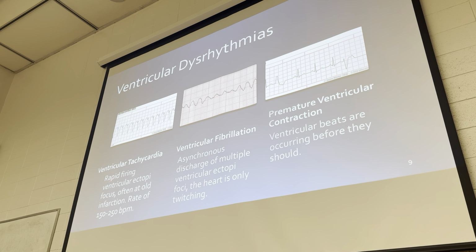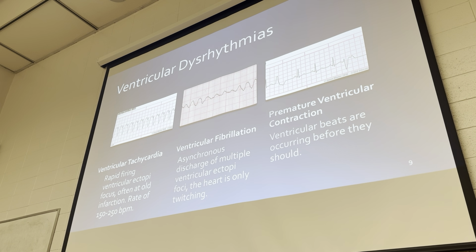Ventricular tachycardia. We have rapid firing of the ventricles, often at old infarctions. And again, what's an infarction? Tissue death in the heart. We'll typically have a rate of 150 to 250 with that. But we can have runs of VTAC, or we can have it be consistent.